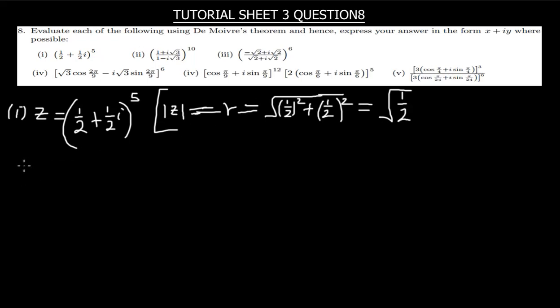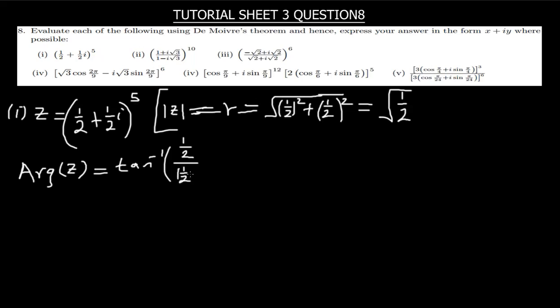We move on to finding now the argument. So the argument of z is simply the angle of z. It's going to be the tan inverse of this over that. So put half on top there, over another half down there.